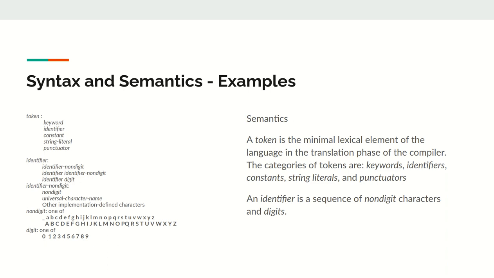So semantics we'll see for the token. A token is the minimal lexical element of the language in the translation phase of the compiler. So this token, which is defined in the syntactic notation on the left side, is a minimal lexical element.